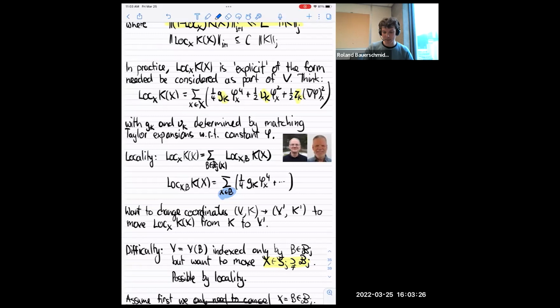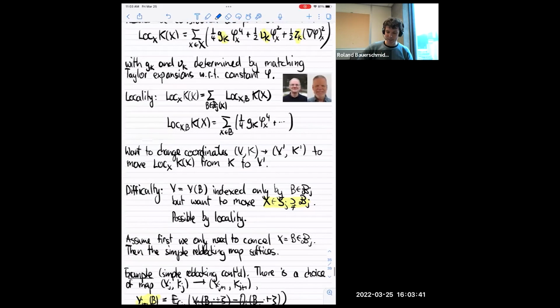Okay. So you have a block, and all the small sets around it will contribute to the evolution of what happens on the block at the next scale. Yes. Okay.